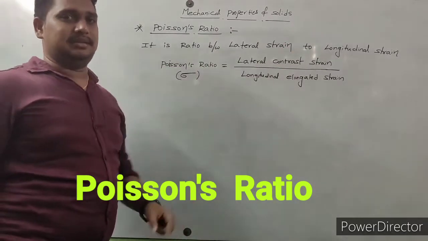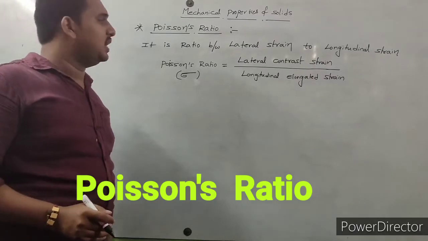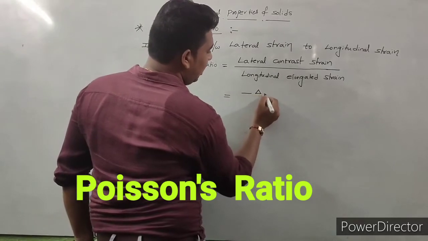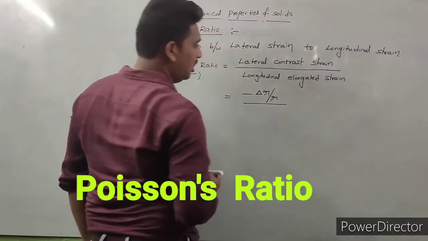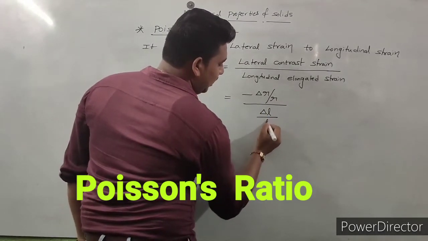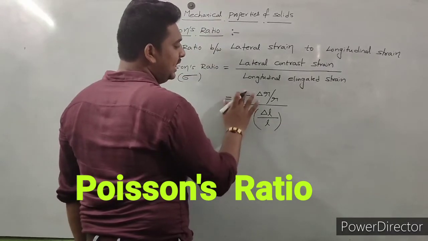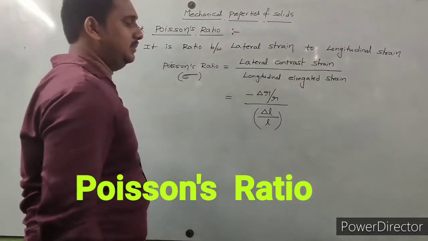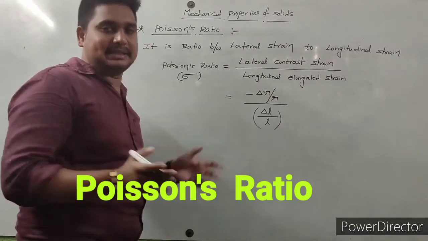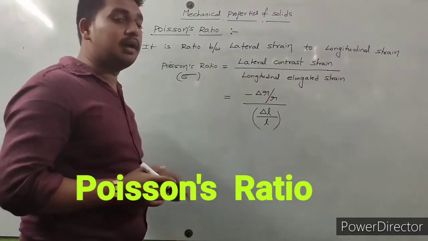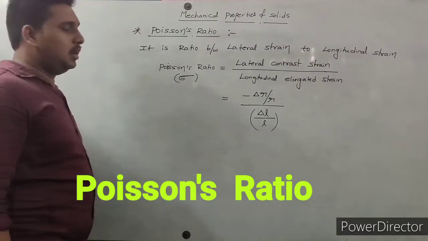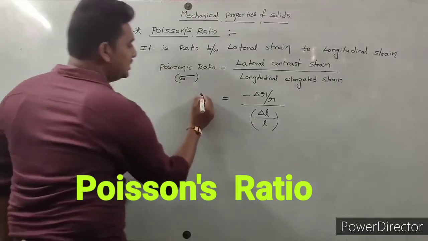Lateral contraction strain, where contraction means shrink, is indicated with delta R by R. Longitudinal elongation strain is delta L by L. The negative sign indicates contraction, decrease. That is minus delta R by R over delta L by L. So this is the formula of Poisson's ratio.